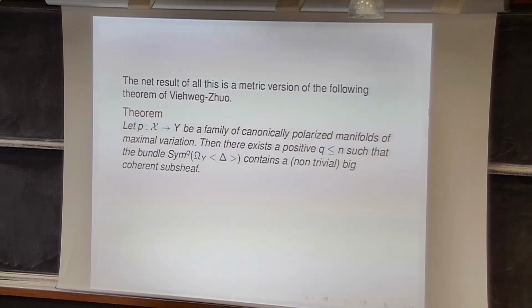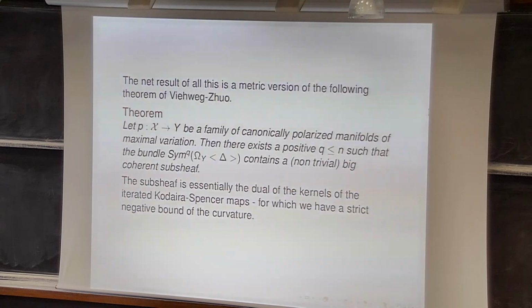That means just that kappa is not zero anywhere. Then there exists a positive number, smaller than the relative dimension, such that the symmetric powers of the logarithmic cotangent bundle contain a non-trivial big coherent subsheaf, which should be interpreted as a sort of positivity condition on this bundle.